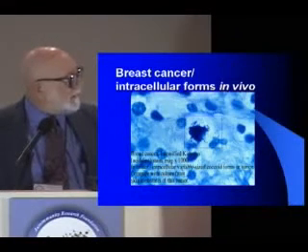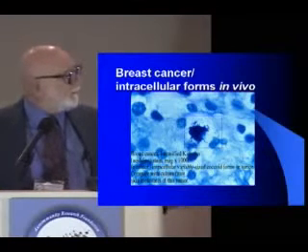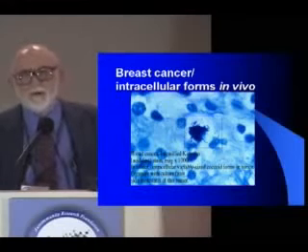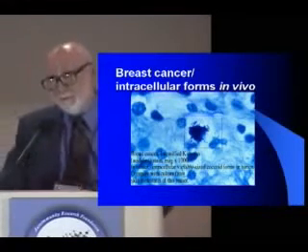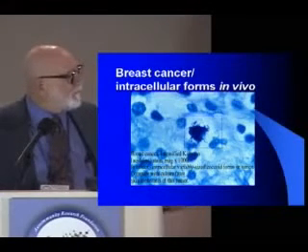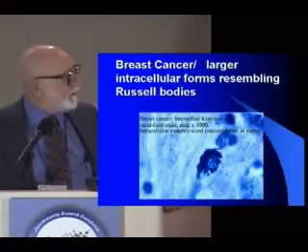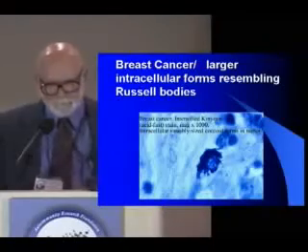So again, this shows, in my view, an intracellular parasite. And again, I think most pathologists would kind of scratch their head and leave the room, which they have done. Here's another cell from breast cancer. You can see some of the larger coccoid forms at the bottom there.